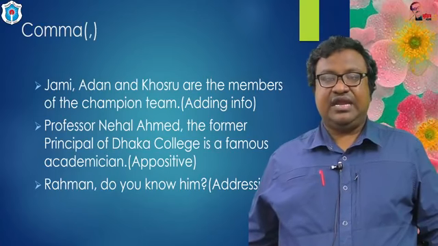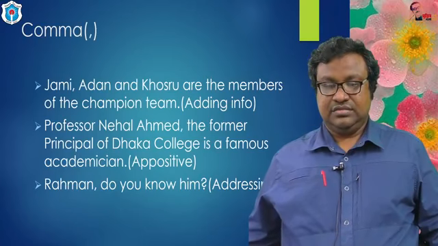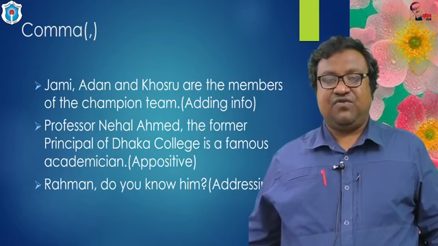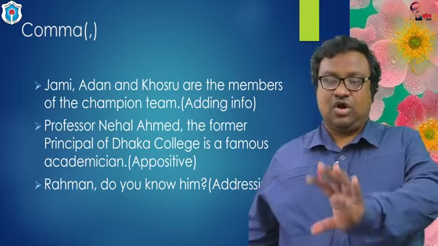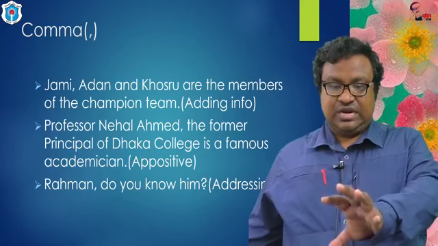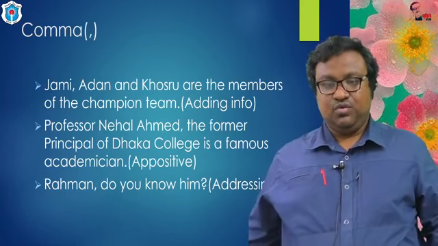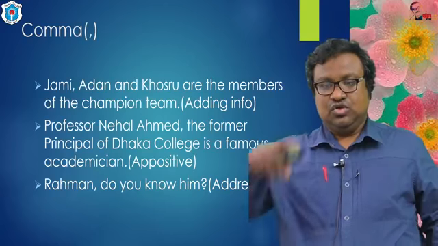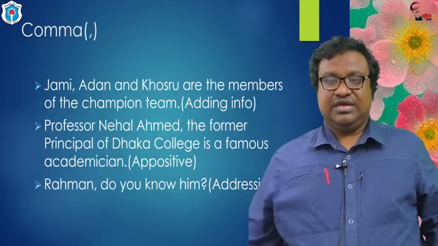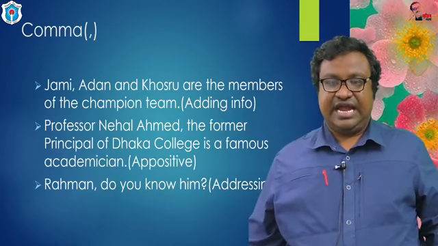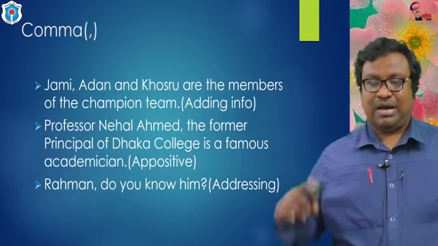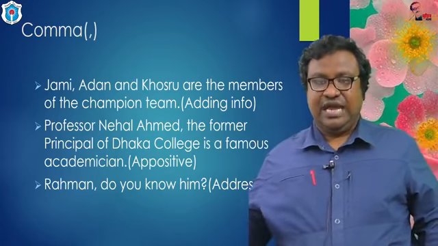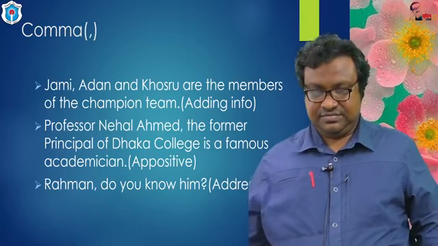After Jami we are adding Adnan, and then Adnan is followed by Khosru. If we did not use the word and here, we may use another comma, that is Jami, Adnan, Khosru. When we are adding information one after another, we use a comma after each piece of information until we have reached the last one.